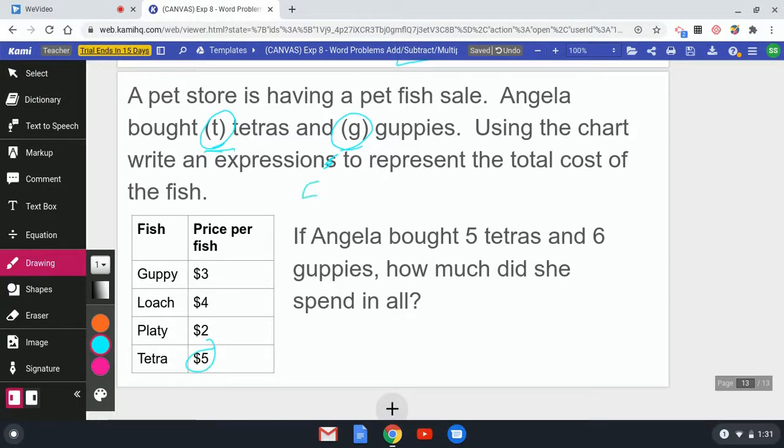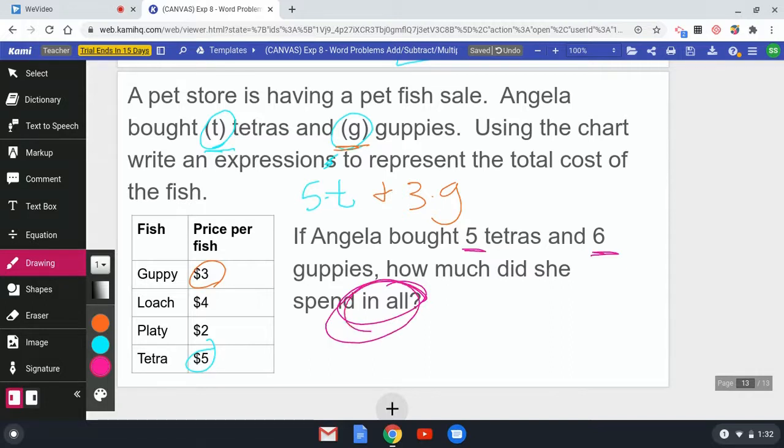Okay, so 5 times however many tetras, and she bought guppies, right? Plus 3 times however many guppies she bought.